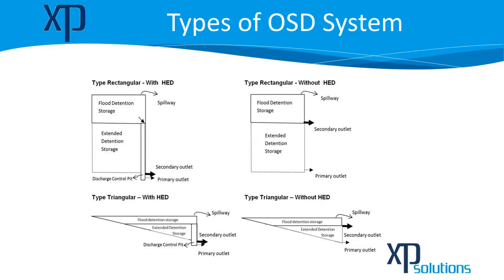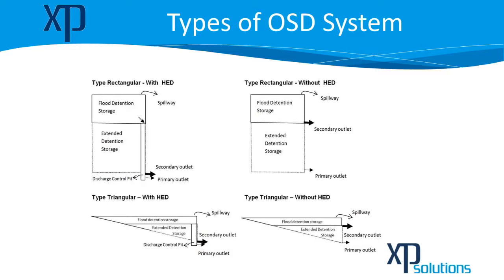So then we move on to the on-site detention, and there are several types of on-site detention system that can be modelled in this interface. So we can have a rectangular or a triangular type. The rectangular type could also be circular, but essentially represents a straight-sided storage.